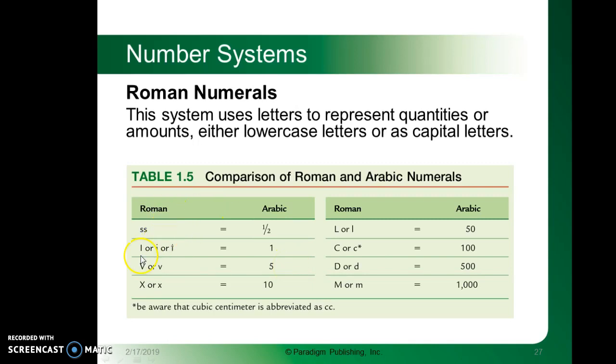An I, capital I, or a lowercase i, or a lowercase i with the line on top, will signify 1. A V is 5, X is 10, L is 50, C is 100, D is 500, M is 1000. Okay, a little asterisk on the lowercase c: if you have a double c, that means it's a cubic centimeter. So just keep that in mind.